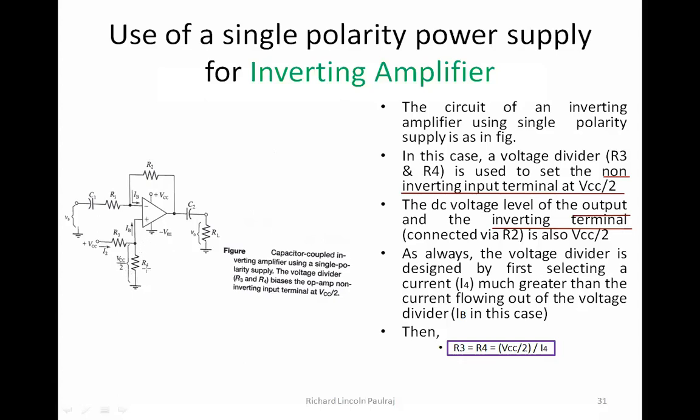I4 is here and IB is here, so I4 is greater than IB. So we have the formula R3 is equal to R4 is equal to VCC by 2 divided by I4. Here also I have VCC by 2 configuration because this is my voltage divider circuit.